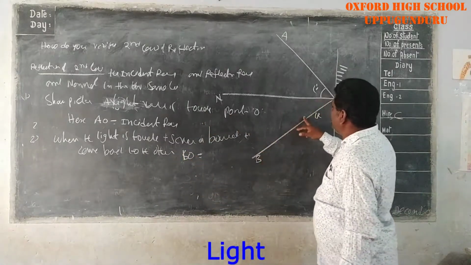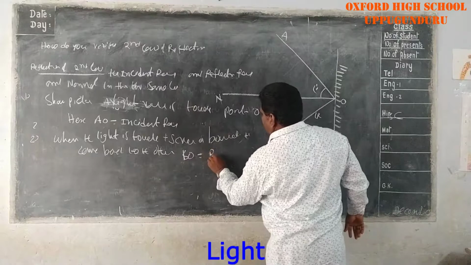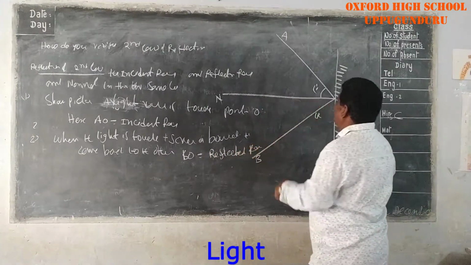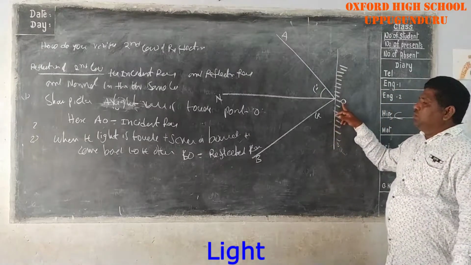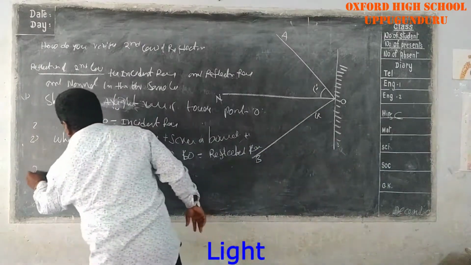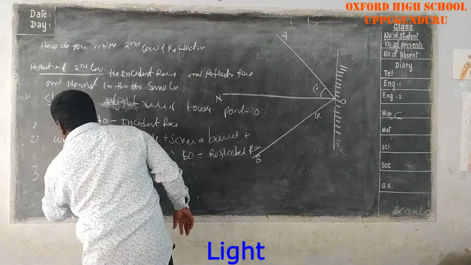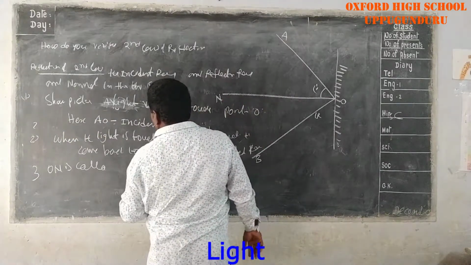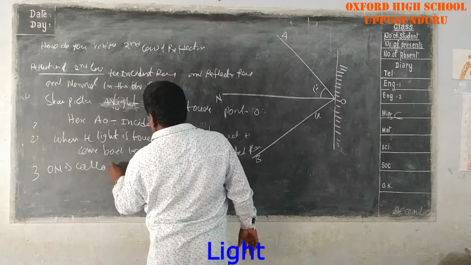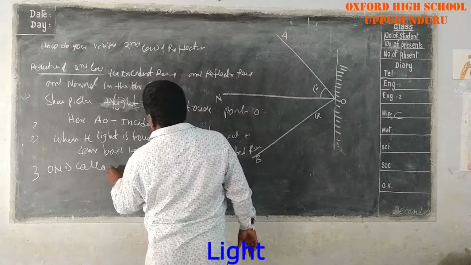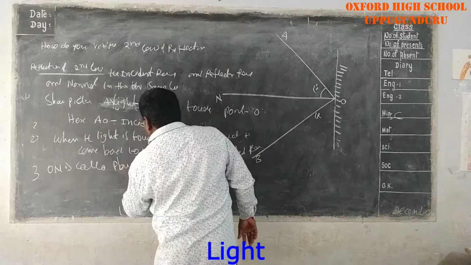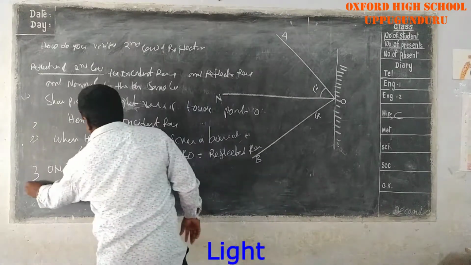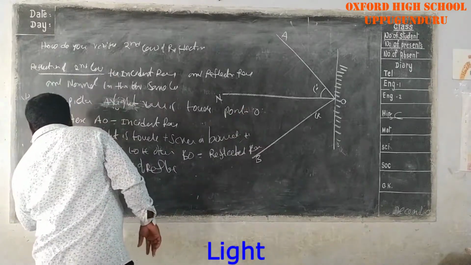BO is called the reflected ray. Next, ON, third point, is called the plane of reflection.